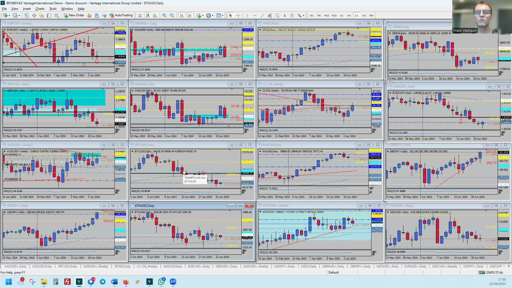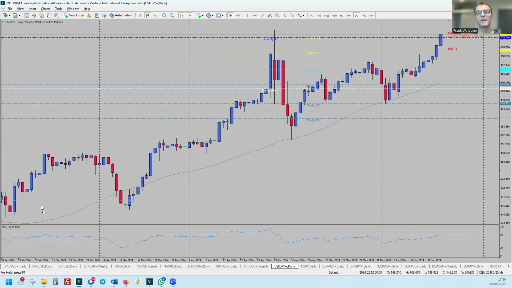Last but not least, we should focus as well on the Japanese yen, and in particular the US dollar, the greenback, against the JPY, because of the 160 level, with one of the big guys from the Bank of Japan, currently a currency specialist, stating that we will watch the 160 US dollar level quite closely.